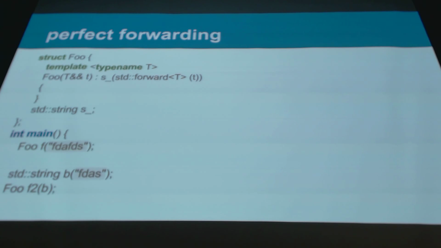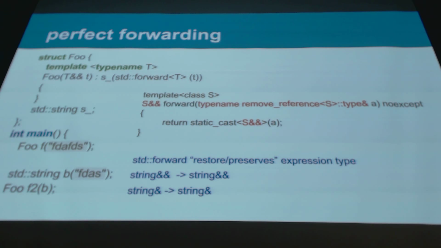And of course, if I wouldn't put std::forward there, then we'll get a copy each time. Okay, so std::forward also doesn't forward anything. It's much closer to doing what its name says than std::move, and it's just a static cast, and it does exactly this.